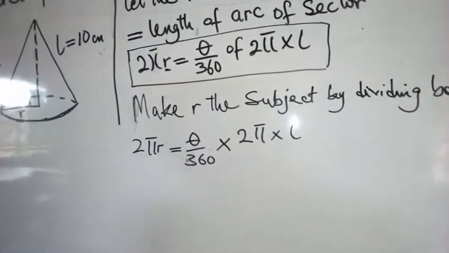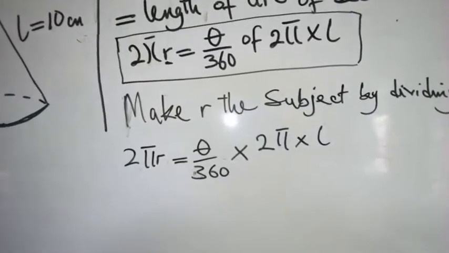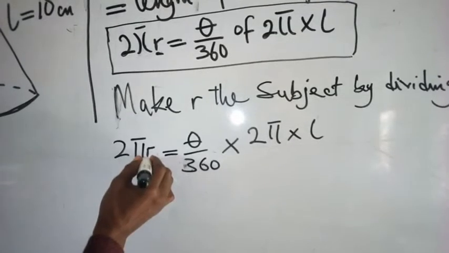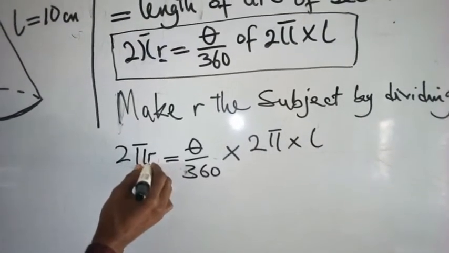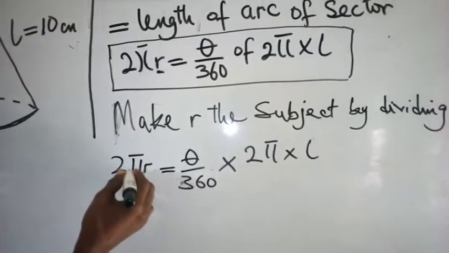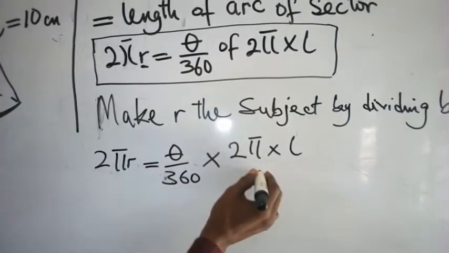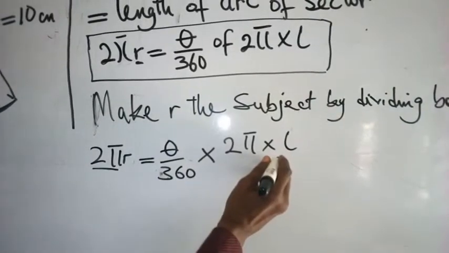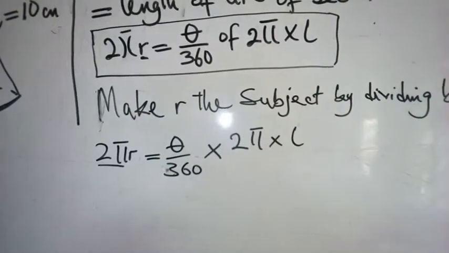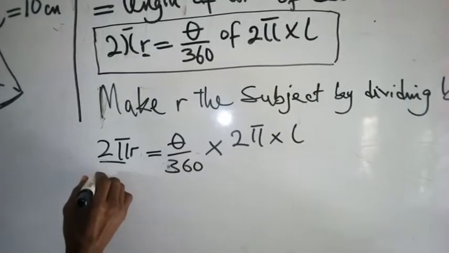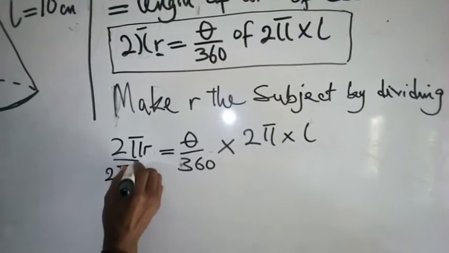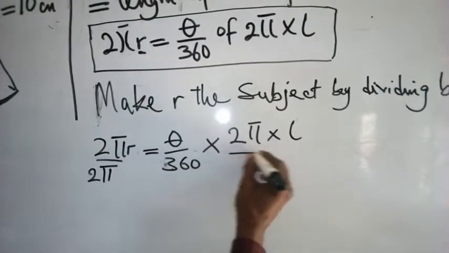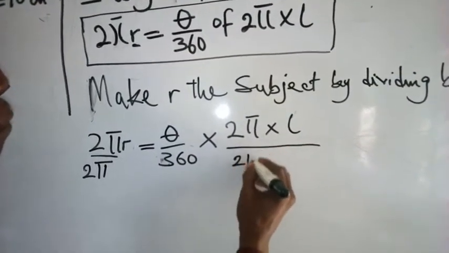In making R the subject of this formula, we don't even need to waste our time. We will allow R to stand by itself and now take this 2 pi and divide by that side. Or you can say 2 pi, also this side is a both side, also 2 pi.